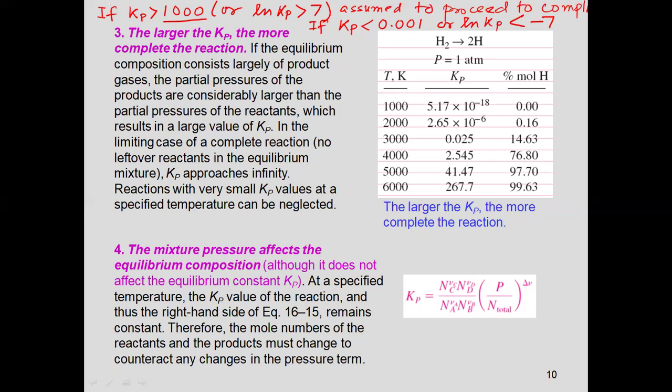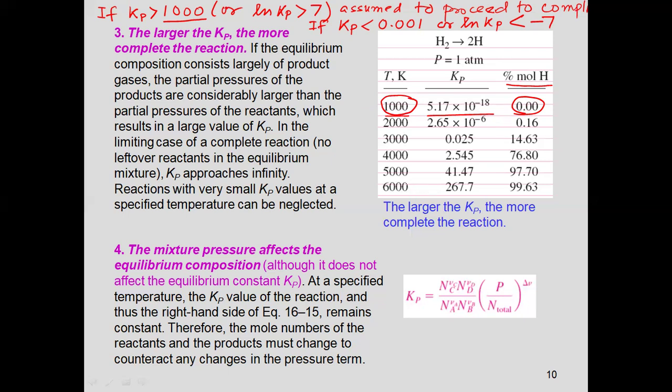Here you see one sample reaction, hydrogen converted to hydrogen atom. At 1000 Kelvin, what is the value of Kp? Kp is 5.17 times 10 to the power minus 18. That means the percentage of hydrogen atom converted is 0. That means at 1000 Kelvin, hydrogen dissociation is 0.